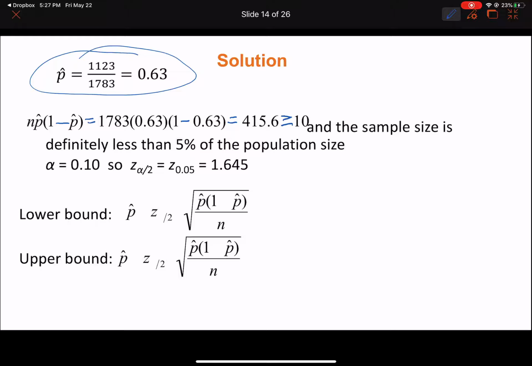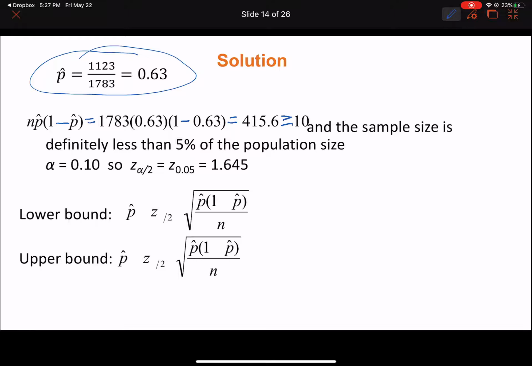I end up with 415.6. That is definitely greater than 5. And my sample size, which is 1783, is definitely less than 5% of our population. So thinking of the population of registered voters, it's definitely less than 5%.